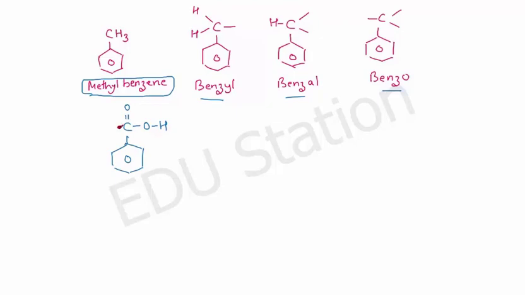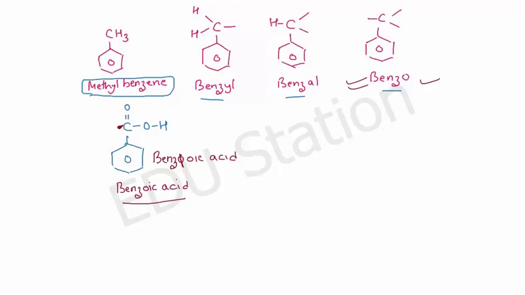So we'll use the word benzo, which comes from this. For acid, we write oic acid. We'll cut the previous vowel. So this is called benzoic acid, not benzenoic acid.